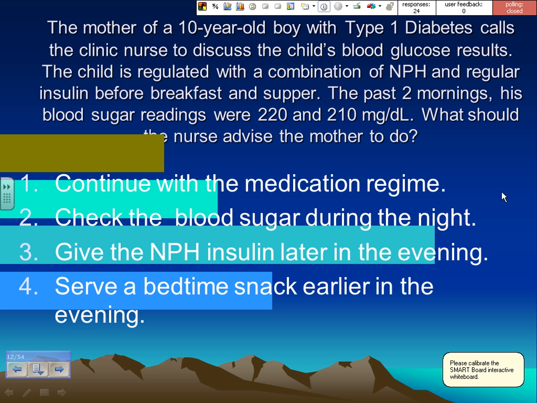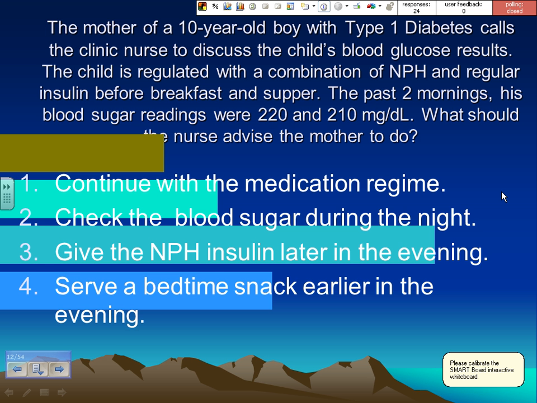Why can't we do number 3? Because it's a doctor's order. We cannot, as the nurse, tell the mother to just arbitrarily change the NPH insulin order to later in the evening. The doctor has ordered it before breakfast, before supper. So that's not something that we can recommend or advise that patient to do.